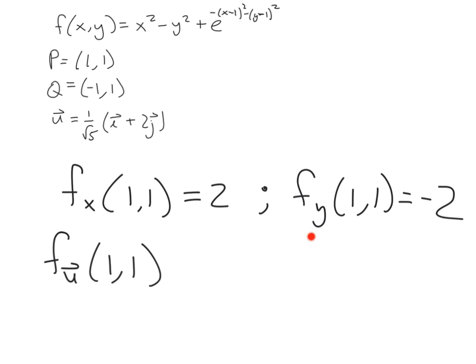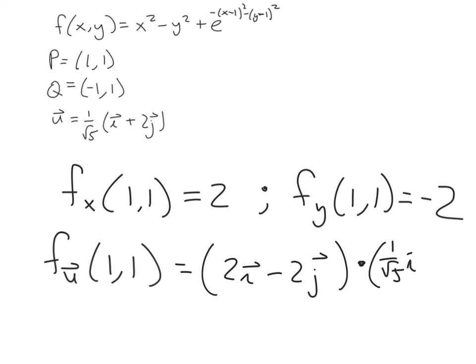Now that we have the 2 partial derivatives at our point of interest, we're ready to take a weighted sum of them to get our directional derivative, and so that's going to be a dot product, and it's the dot product of 2i minus 2j dotted with the directional weights, which are 1 over root 5 i plus 2 over root 5 j.